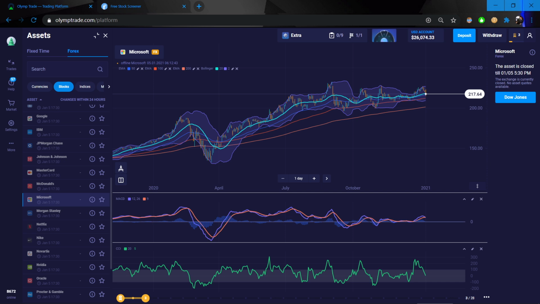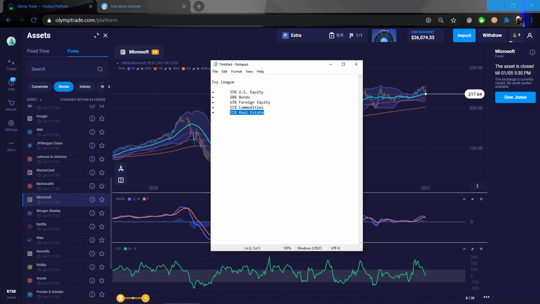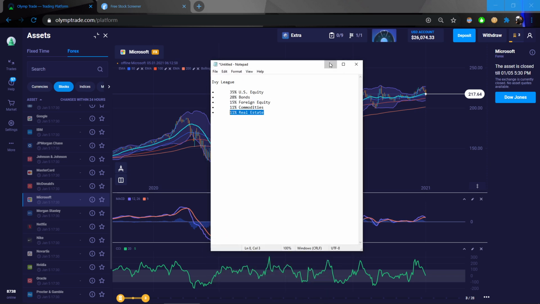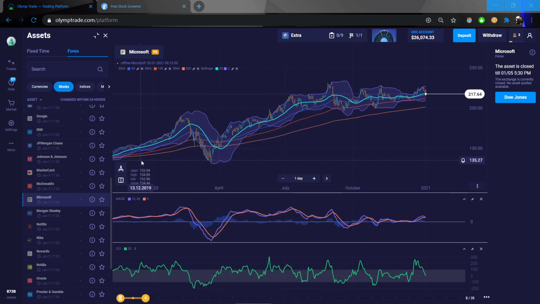There's one more portfolio I wanted to talk to you guys about. It is Bill Bernstein's no-brainer portfolio. I don't have a picture for you guys, but basically it is 25% bonds, 25% European stocks or indexes, 25% Russell 2000, and 25% S&P 500.